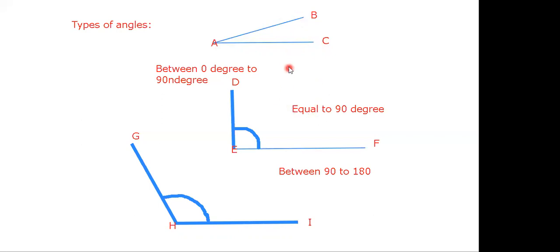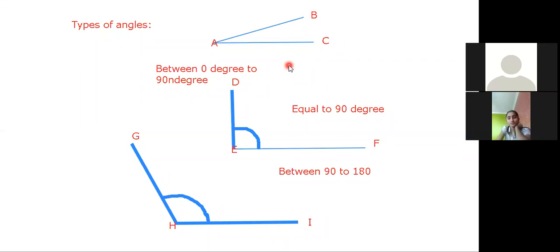If the value of the angle lies between 0 degree and 90 degree, not 90 degree, below 90 and more than 0, then that type of angle is an acute angle.